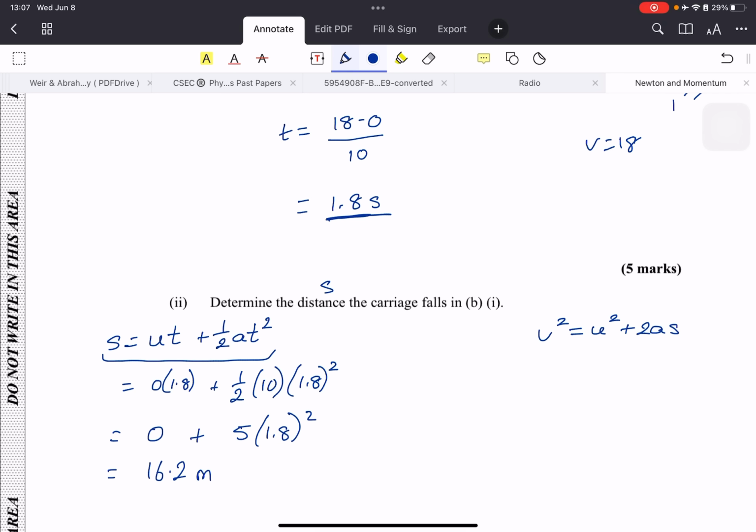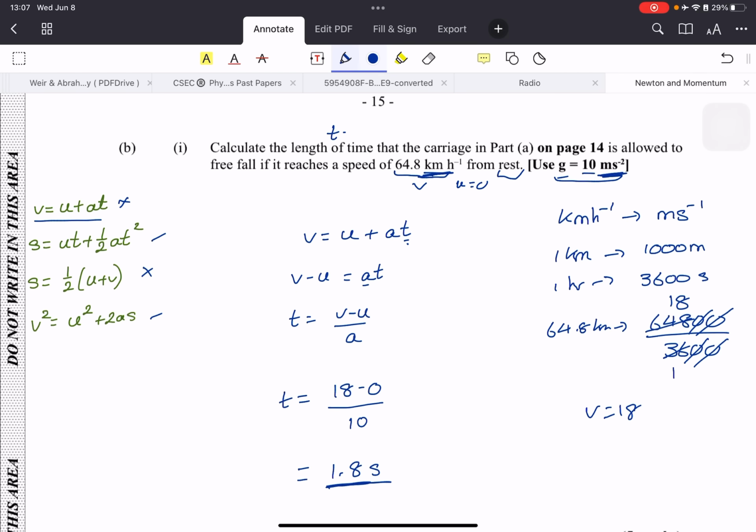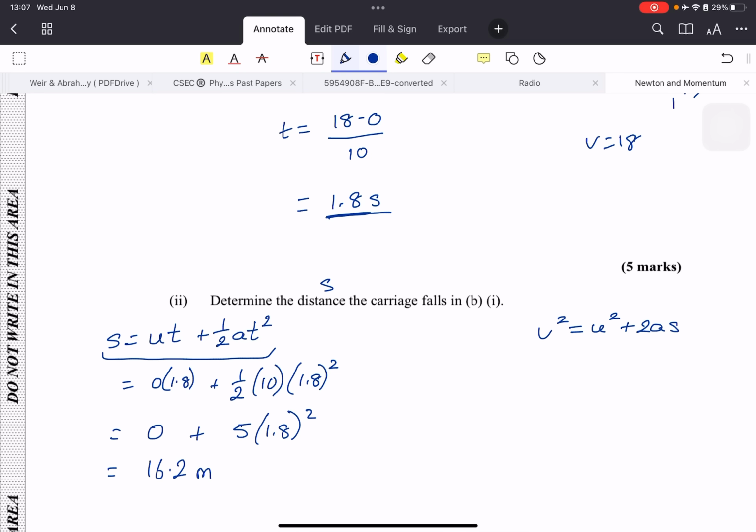Let's see if we use the other formula, if we could get the same value. So let's see what we have here. So remember, v is 18, right? So v squared is 18 squared, u squared is 0, plus 2 into 10, and then we have the s. Okay, no problem.